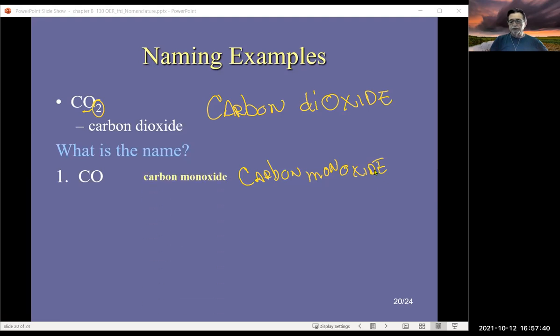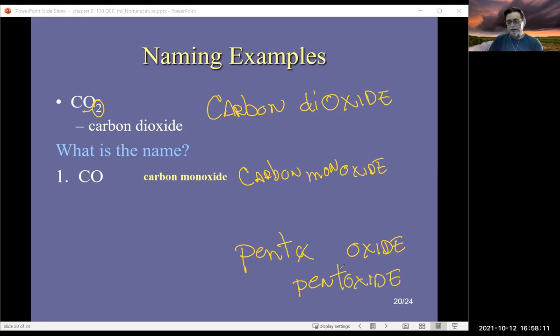So when you add prefixes, if you have two vowels, the vowel of the prefix is removed. For example, let's say the prefix you're going to use is penta, and then it's oxygen. When you combine them, you've got an A and an O, both vowels, so we write pentoxide.